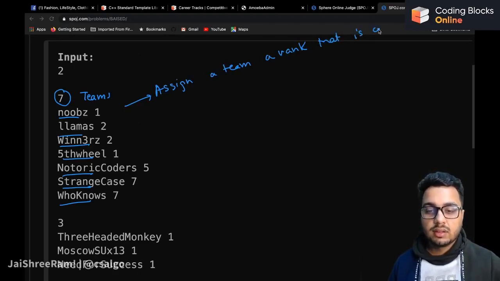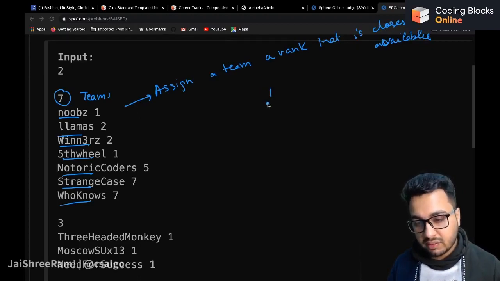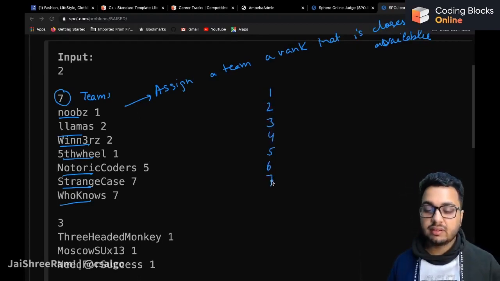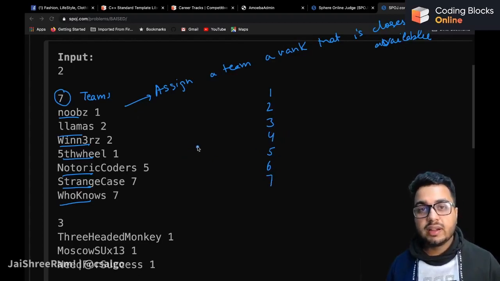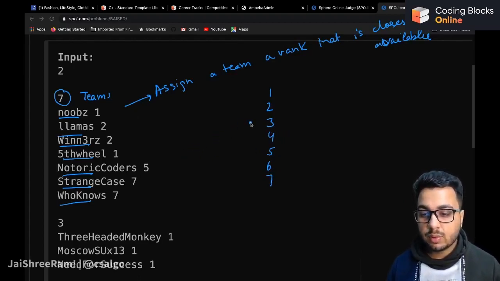If we have 7 teams, in the beginning we have ranks 1 2 3 4 5 6 7 available. So we start allocating these teams the closest possible rank.